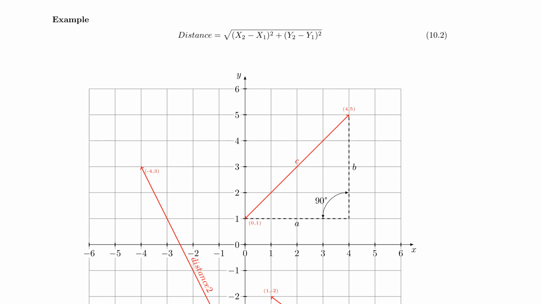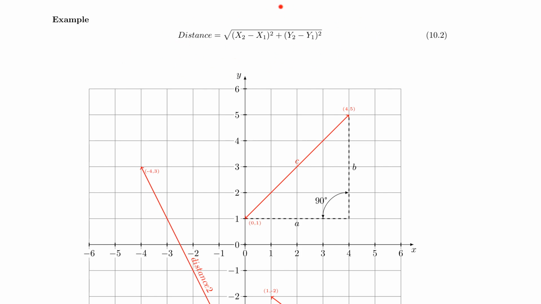So we have a way to go from point (0,1) to (4,5). A way to calculate this distance could be with the Pythagorean theorem.